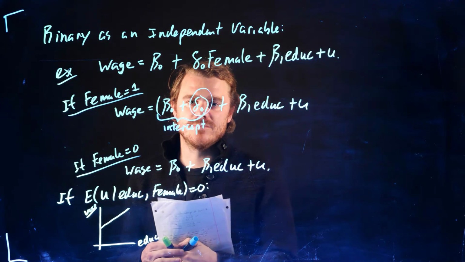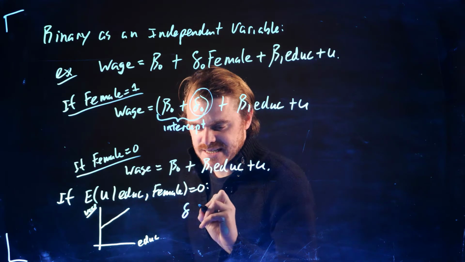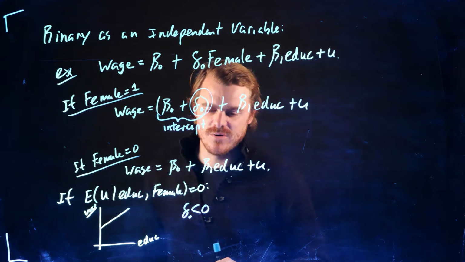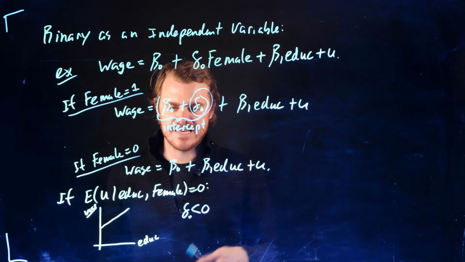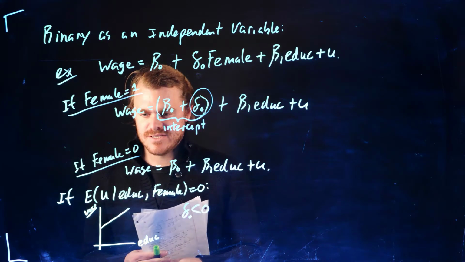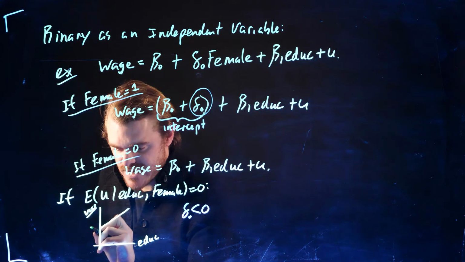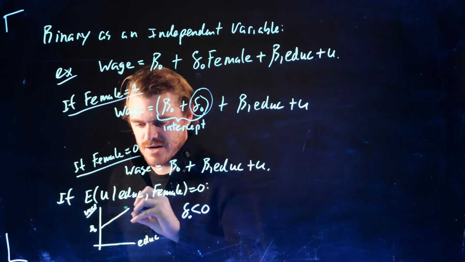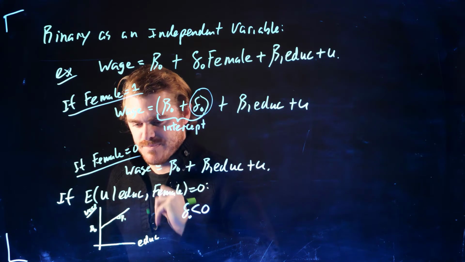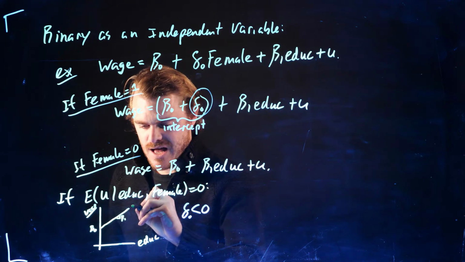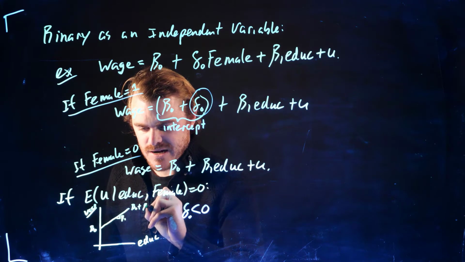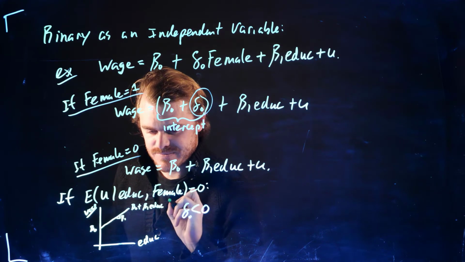So let's make an assumption about the sign of delta. Let's say delta 0 is less than 0, so it's negative. That means our line for people who don't identify as female has intercept beta 0 and slope beta 1, and this line is beta 0 plus beta 1 times education.